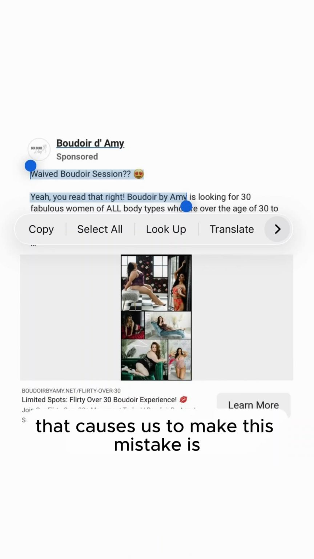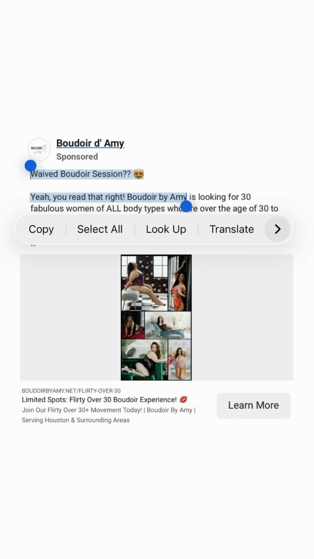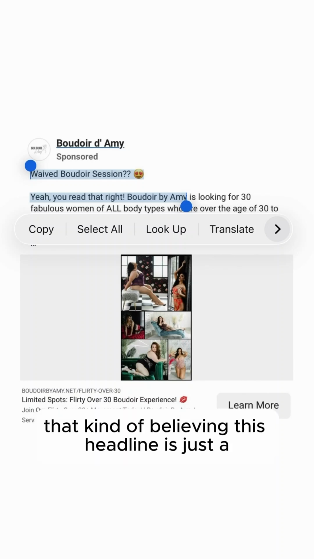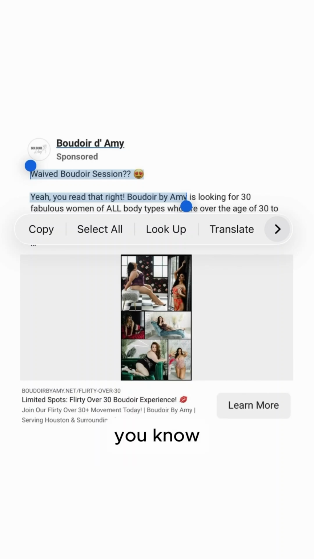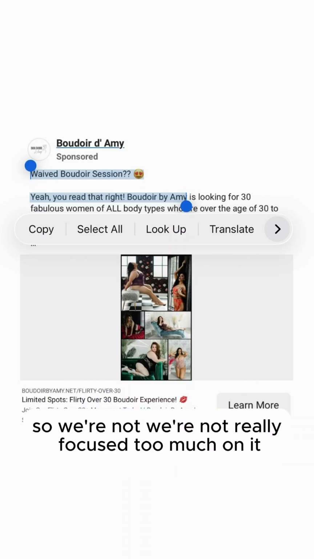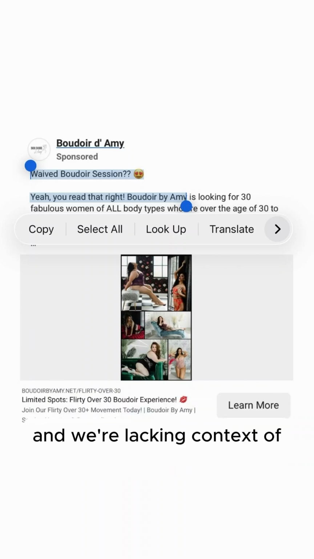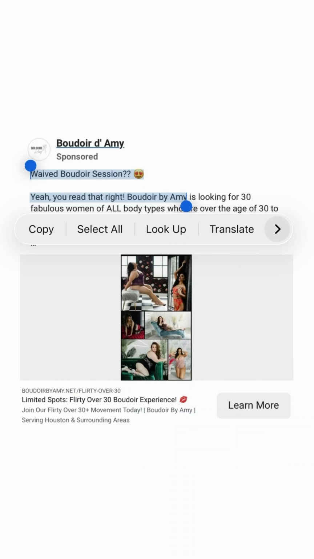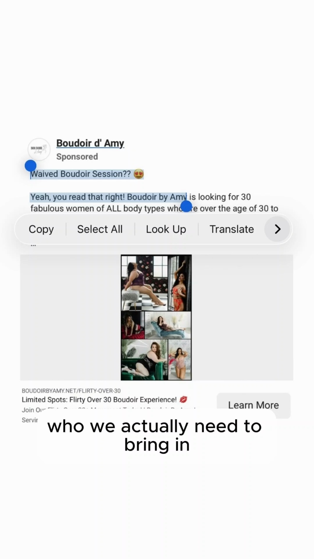The false belief that causes us to make this mistake is that we believe this headline is nothing special, when actually it's 80% of our ad spend. So we're not really focused too much on it, and we're lacking context of who we actually need to bring in.